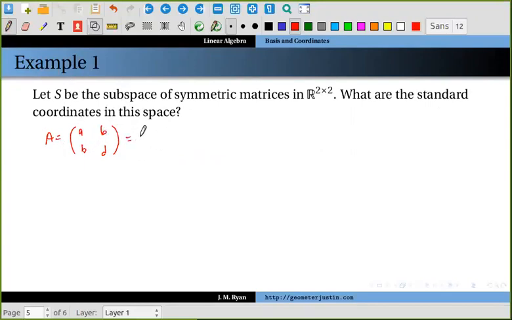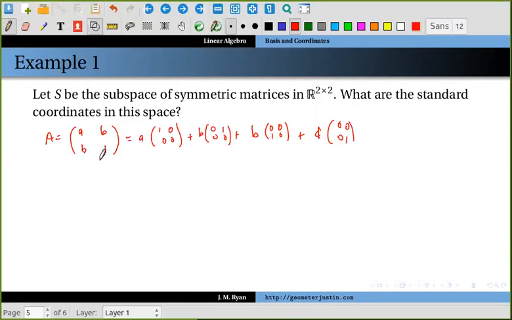As far as the standard coordinates of our 2x2 go, this symmetric matrix in S may be written as a linear combination of our standard matrix basis. These are the matrices with ones in a given slot and zeros everywhere else. So it'll be A times this matrix plus B times this matrix plus B times this matrix, those have to be the same, plus D times this matrix.